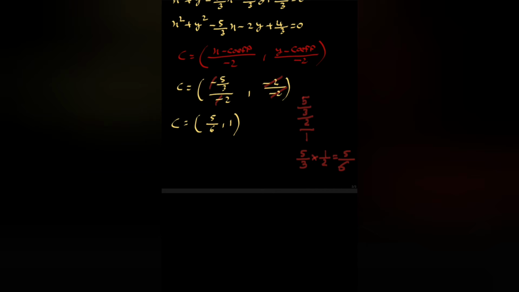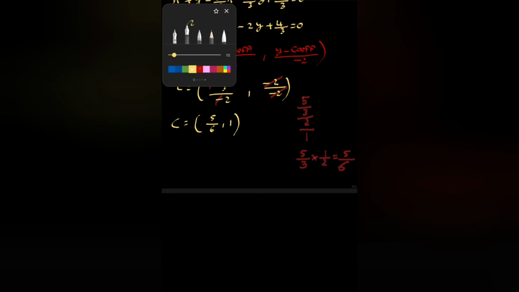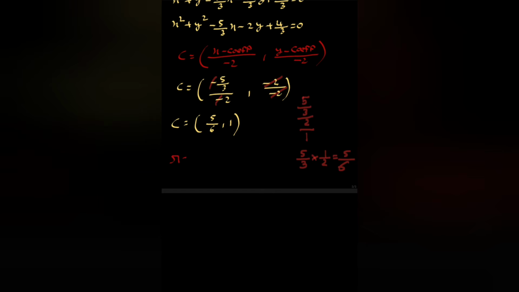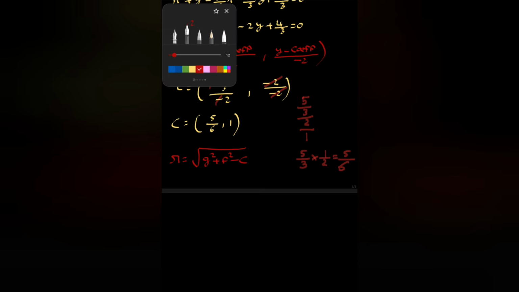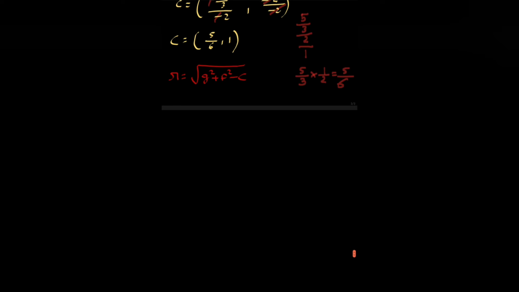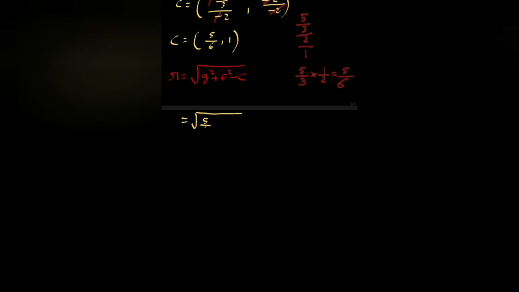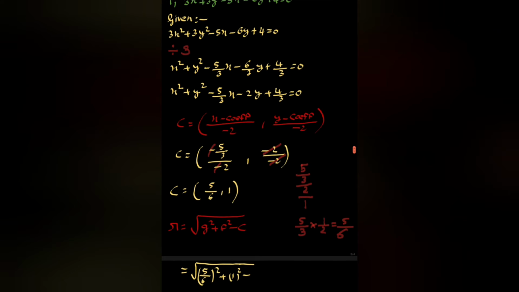So if we find the center, then we can find the radius, that is r equal to root over g square plus f square minus c. So we know g and f, so substitute that. So substitute g and f values, then we get root over 5 by 6 whole square plus 1 square minus, and what is c?